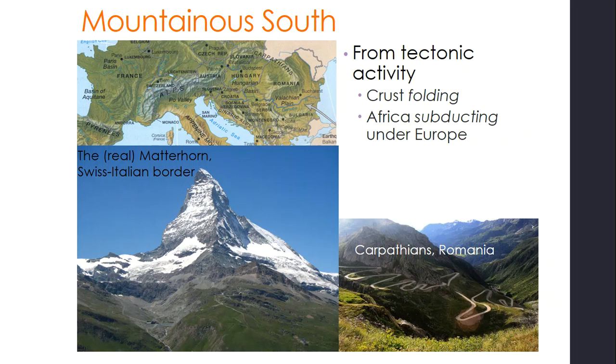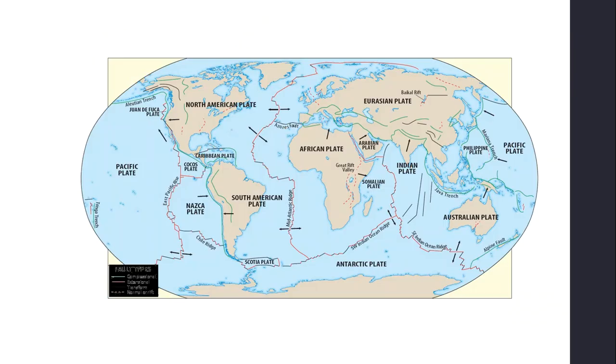And you can see here a picture of the real Matterhorn on the Swiss-Italian border, which the one in Disney World is modeled after. And because there are a lot of mountains, you get a lot of rivers, right? That act of precipitation falling and that water going downhill creates all of these rivers. And so that's another way it differs from other regions, such as Africa, that do not have a lot of tectonic activity and do not have a lot of mountains.